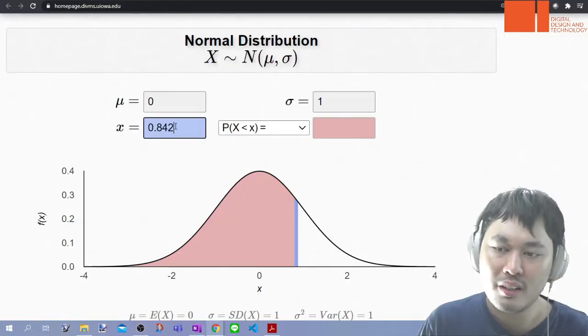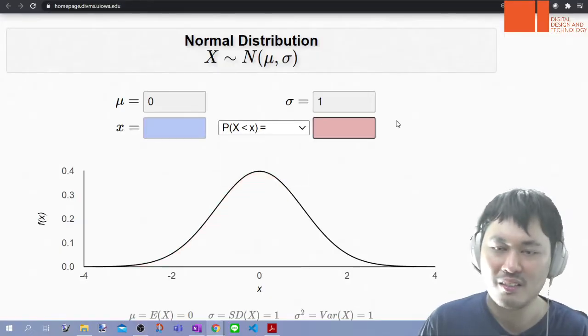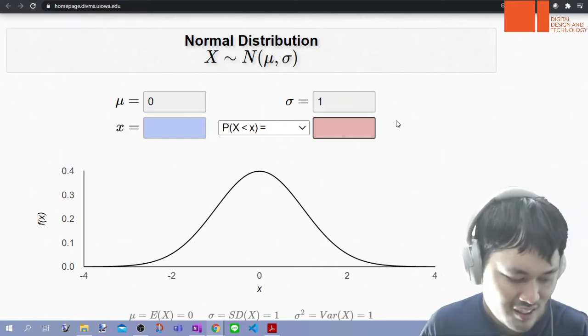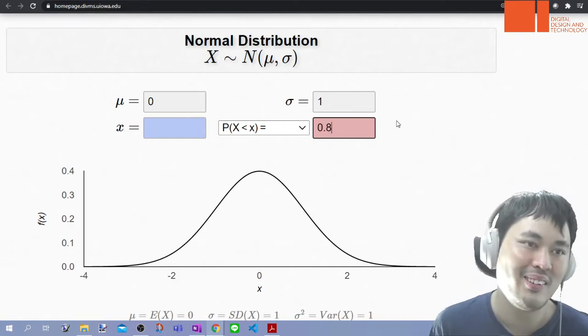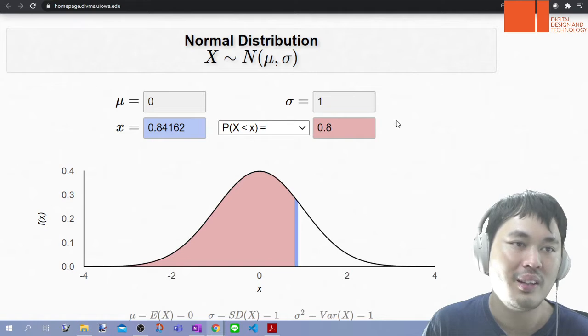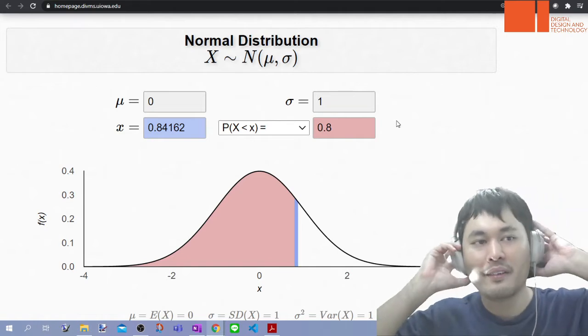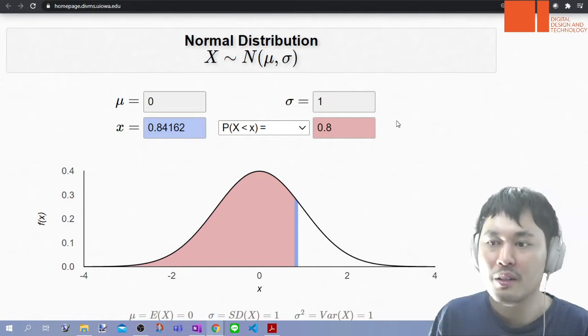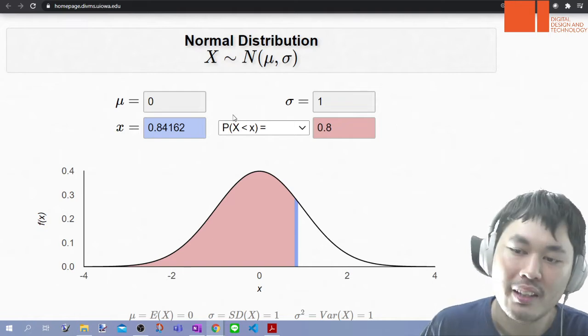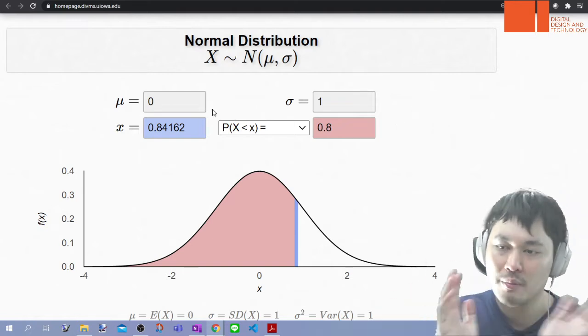But this app is intelligent, so we can actually just put that value there, and if you click, there we go. It's 0.84162. So if you have a good tool, it can solve problems in both ways.